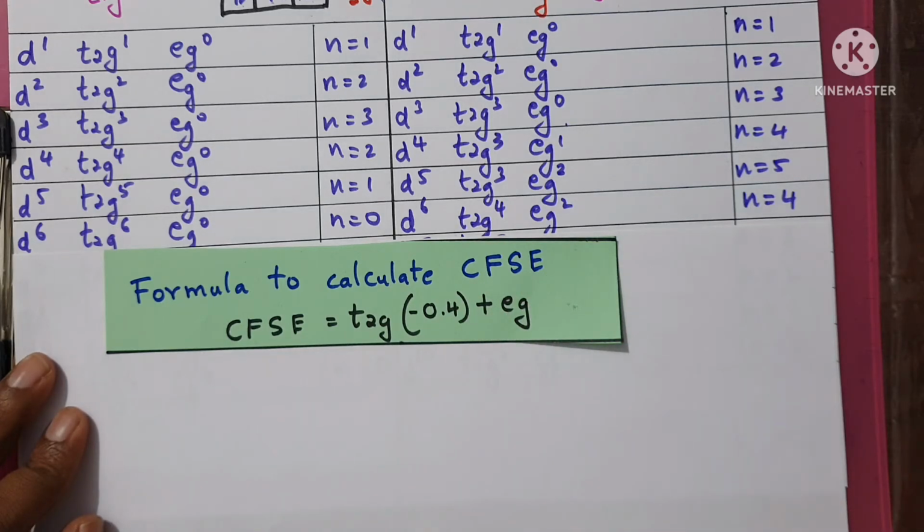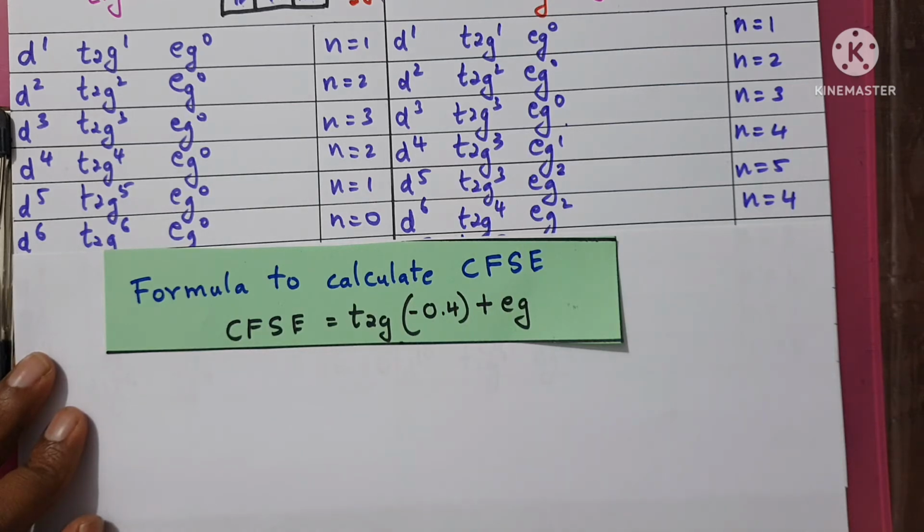The formula to calculate crystal field splitting energy, you can observe here: CFSE is equal to t2g into minus 0.4 plus eg. This is the formula to calculate the CFSE.